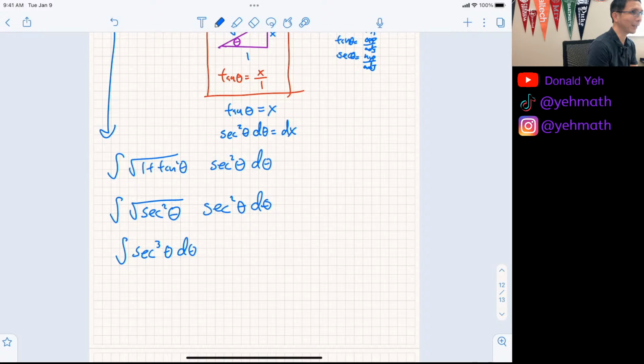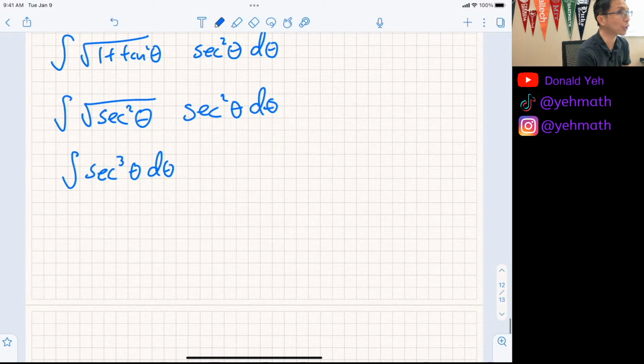Okay, so now instead of asking you to take an integral, let's go back to your notes because I know Ginger has the notes. What's the integration of secant cubed? Can you guys tell me?